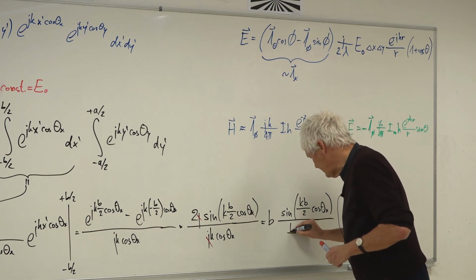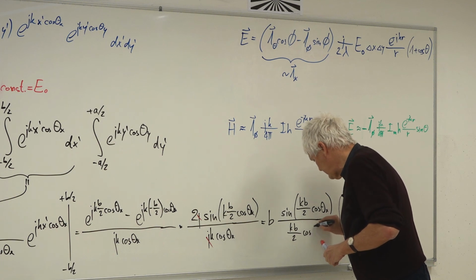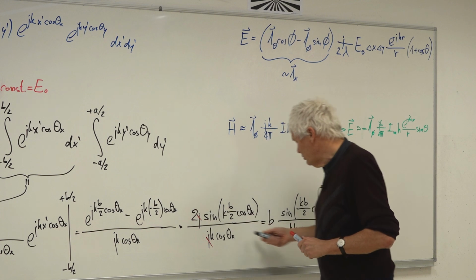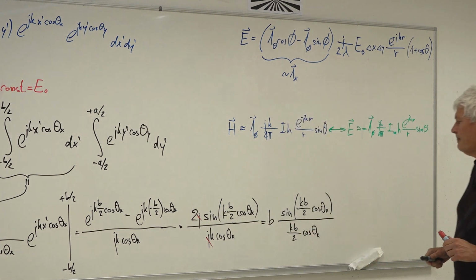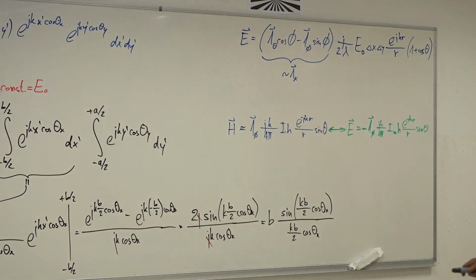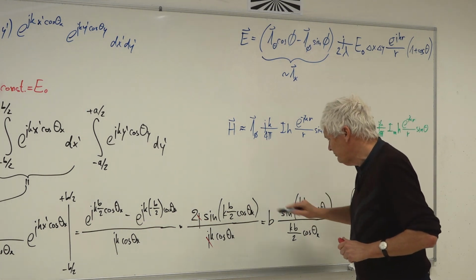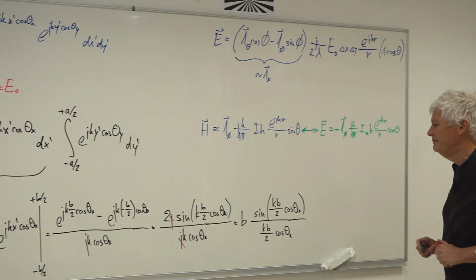And in the bottom, I also have a similar expression, k b half cosine theta x. So I used these two to go to a double fraction here. And to have k b also in the bottom as in the top, I have to add another b in front.